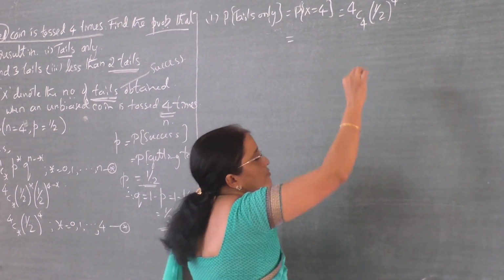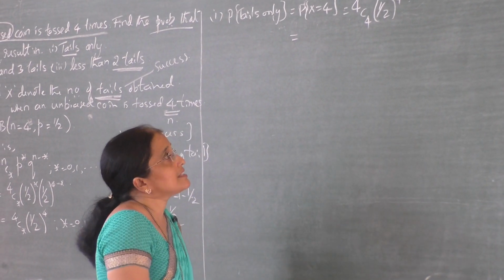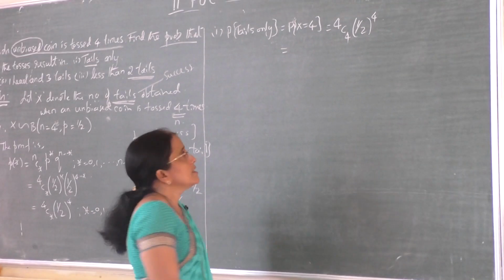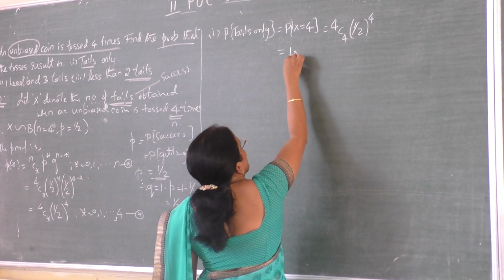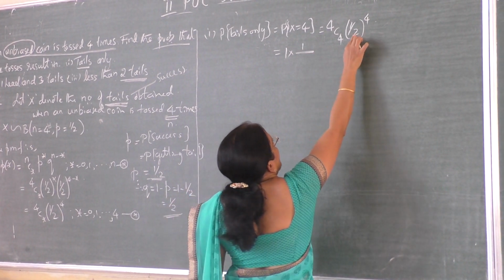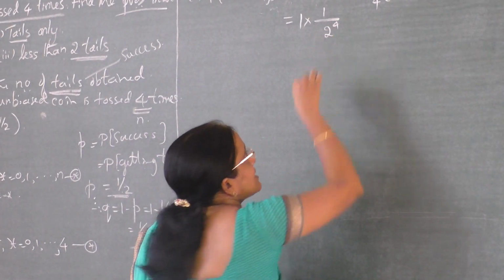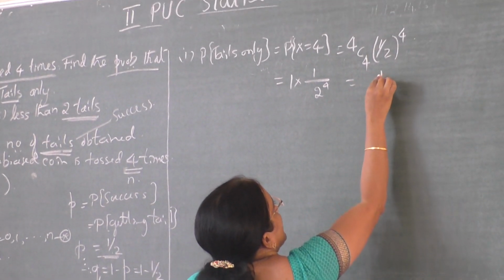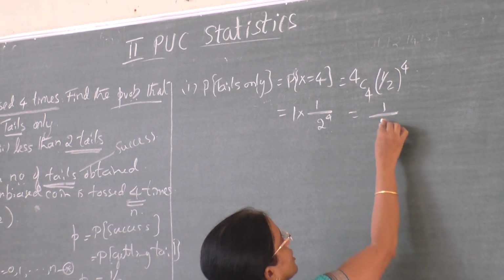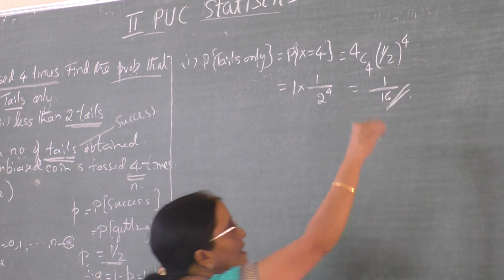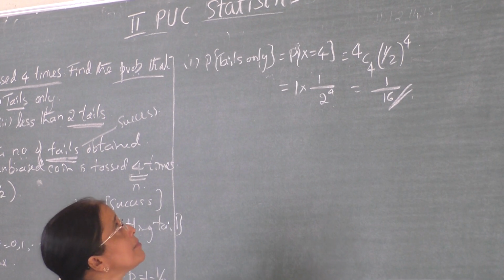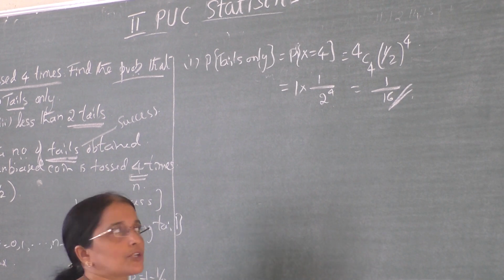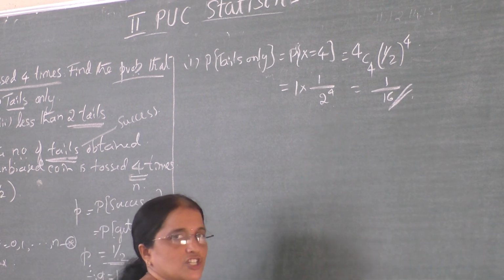Now 4C4, in the earlier class we have seen nCn equals 1. So 4C4 equals 1 into 1 by 2 power 4, which is equal to 1 by 16. So this is the answer. The probability of getting tails only is 1 by 16.